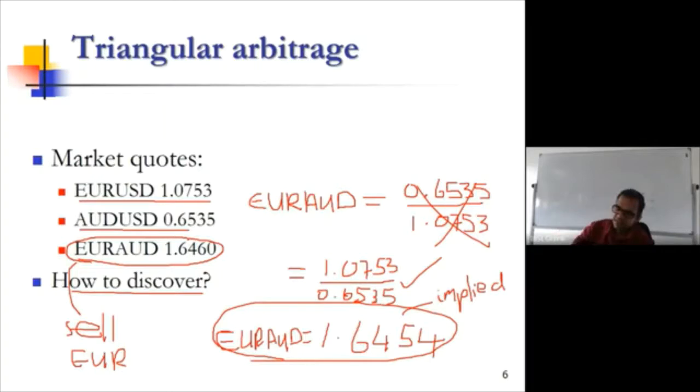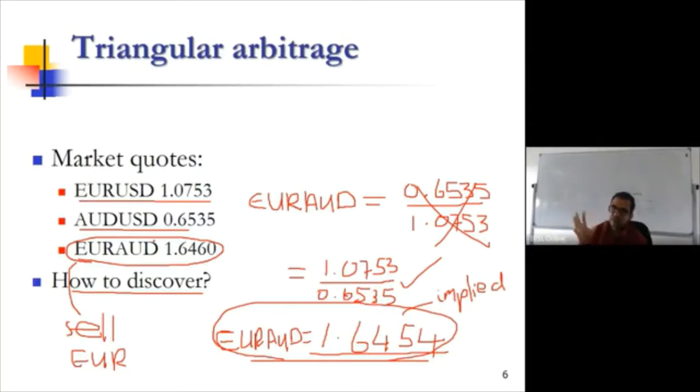Then you go around to buy that euro amount again. You use this AUD to buy dollars, and use those dollars to buy euro. Then you buy euro AUD at this implied rate, and you can go through a complete cycle.